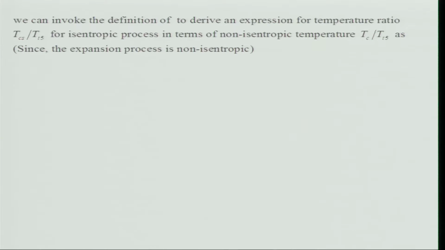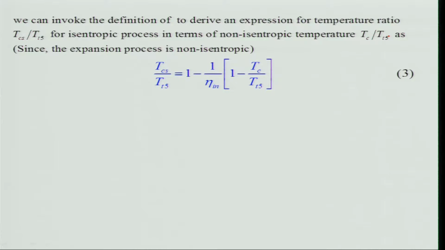So, for that we invoke the definition of the efficiency. To derive an expression for the isentropic efficiency of the nozzle, we want the temperature ratio T c s by T t 5 for the isentropic process in terms of the non-isentropic temperature ratio T c by T t 5, since the expansion process is non-isentropic.